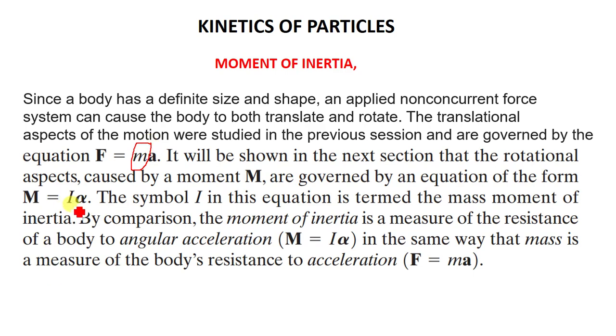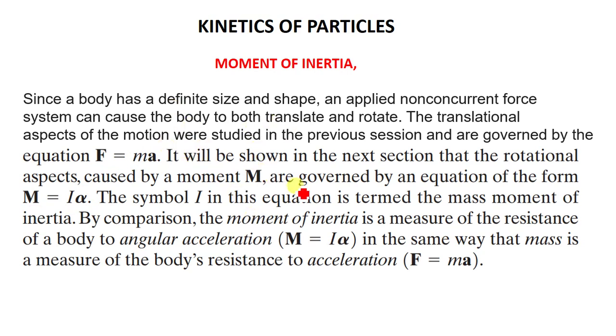But when you talk about rotation acceleration, instead of using M, we're going to use I. So this formula and this formula are just one and the same. The only difference is that here we're dealing with the rotation aspect of motion, and here we're dealing with the translation aspect of motion.